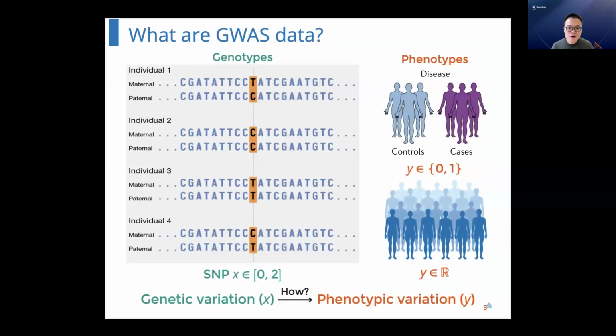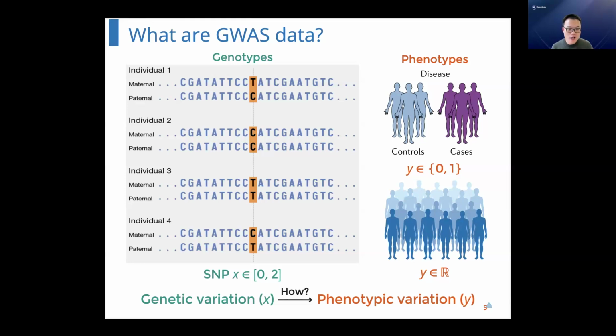Let me give you more introduction about the actual data we're working with in a typical GWAS. So GWAS consists of 2 components, one called genotype and the other called phenotype. So genotypes are essentially measurement of some kind of genetic variation across different individuals in the study cohort.